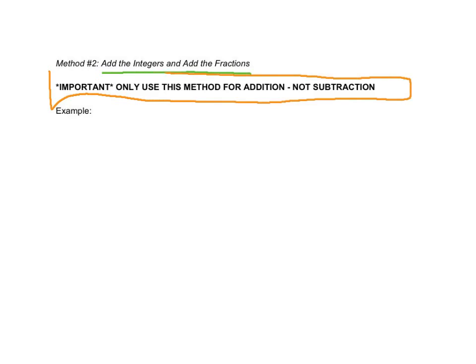Second method would be to add the integers first and then add the fractions. Now note, this is extremely important: you only use this method for addition, not for subtraction. If you're doing a subtraction and you haven't switched over like we did previously, where you can treat a subtraction as adding the opposite, if you're going to treat it actually like a subtraction, then do not use this method. Use method 1 instead.